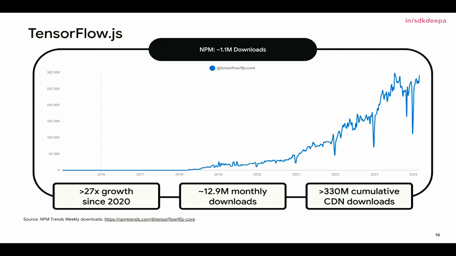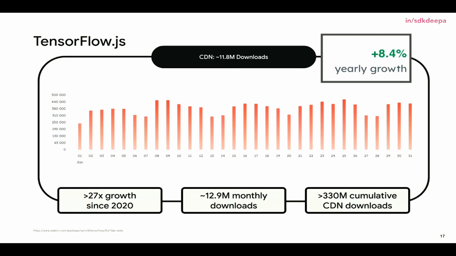So this is according to JS Deliver. This is the chart. If you see the number of CDN downloads, it has grown. And this year alone, it's grown about 8%. So Google expects there's going to be a lot of increased usage over the years, as more web developers are exploring this, right?